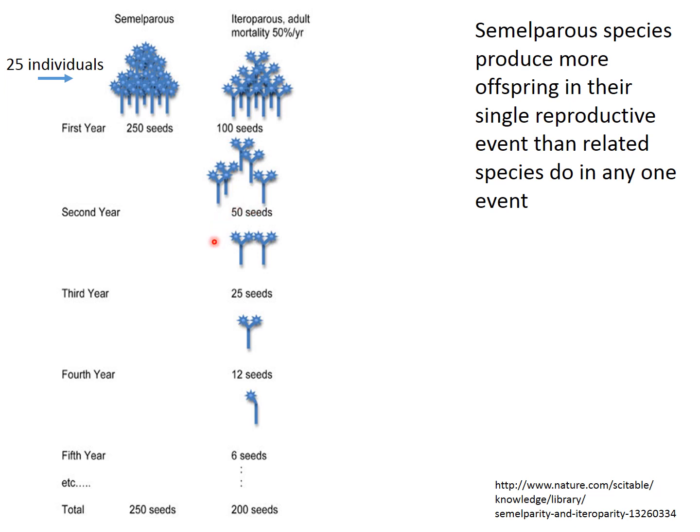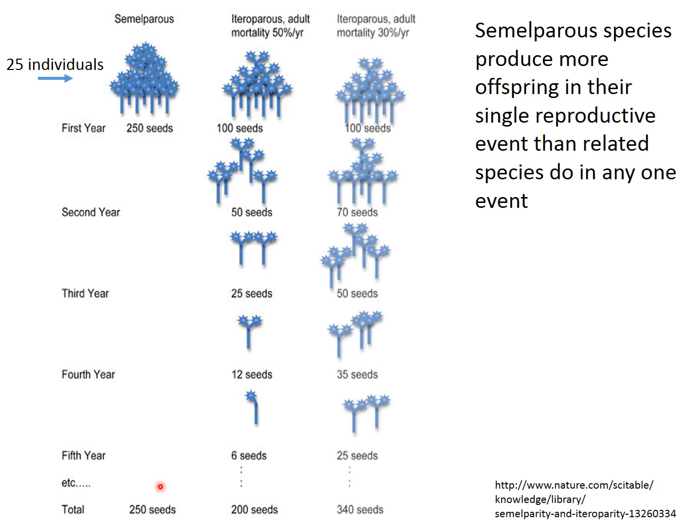Half of those individuals will survive to the next year, and again each of them will produce 4 seeds, and so it continues. What we see is at the end, once all of those original 25 individuals have died, that population produced 200 seeds. So under this scenario, semelparity gives us more seeds than iteroparity.